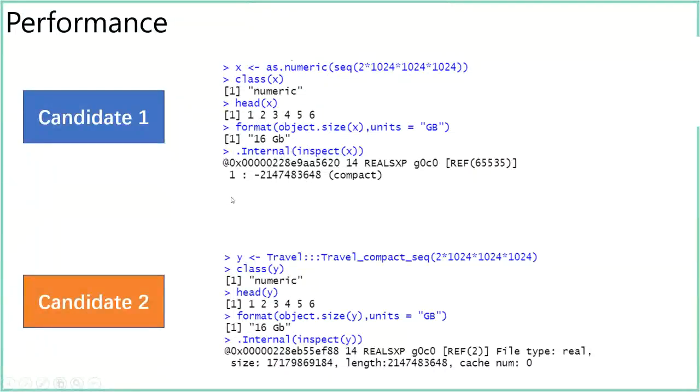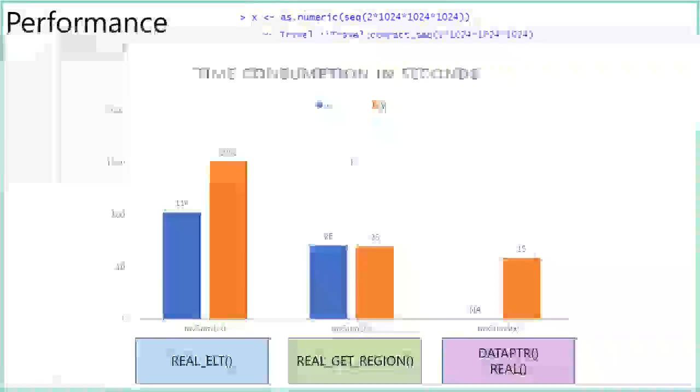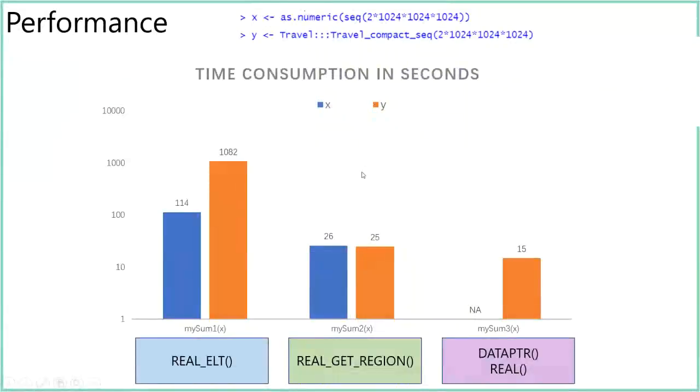Now we have 2 candidates. We can use our 3 different implementations of the sum function to compare the performance. So the first one is the element function. You can see the number for the travel-made compact sequence is off the chart. And actually, the reason is twofold.